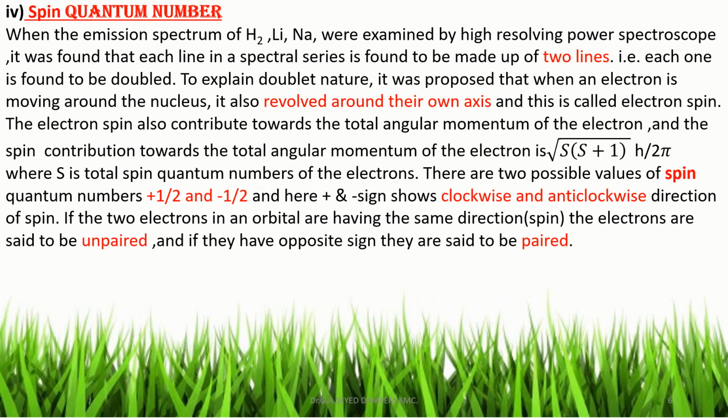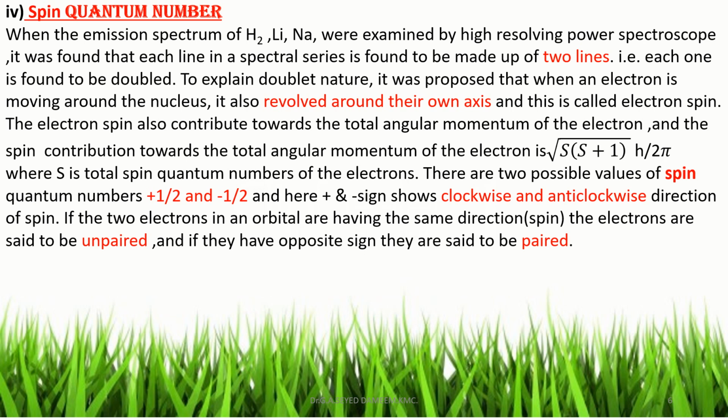The electron spin also contributes towards the total angular momentum of the electron, and the spin contribution is given by the formula root s into s plus 1 into h by 2 pi. Here capital S is the total spin quantum number of the electrons.